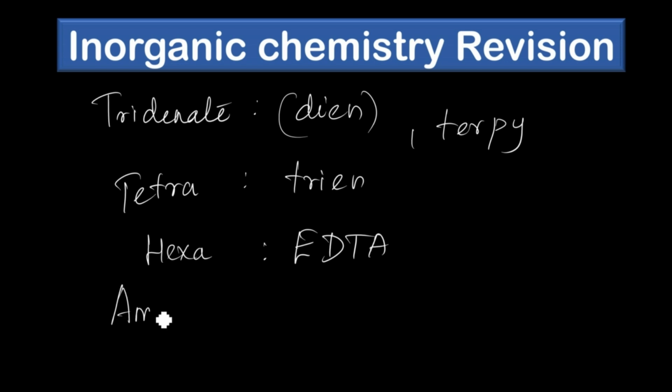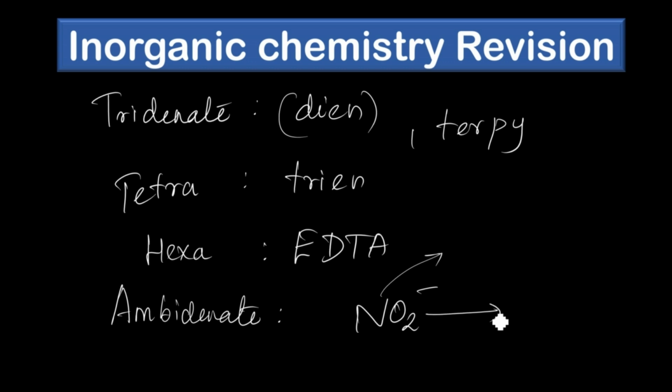And then ambidentate ligand. Ambidentate ligand means there are 2 connection points in the ligand, but it can connect through only one at a time. For example, I'm taking nitrite, NO2 minus. Nitrogen can donate, oxygen can also donate, but one donates at a time.